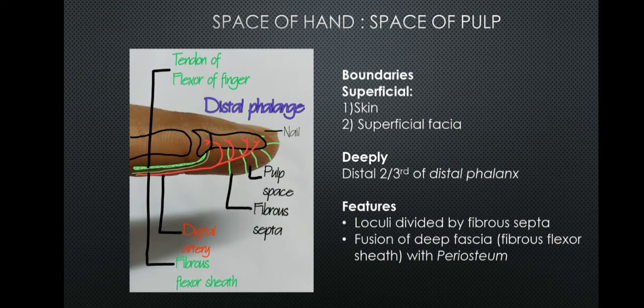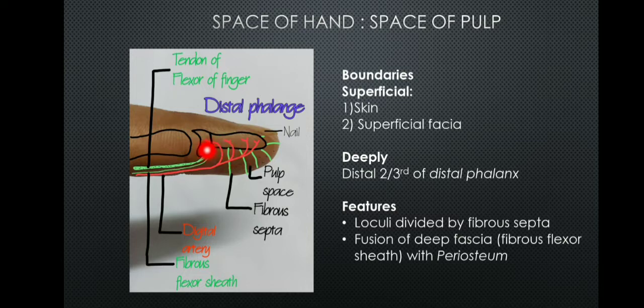Now moving on to the pulp spaces of the fingers. The tips of the fingers and thumb contain subcutaneous fat arranged in tight compartments formed by fibrous septa; these are the fibrous septa represented in green. The compartment between these fibrous septa is called a loculus.